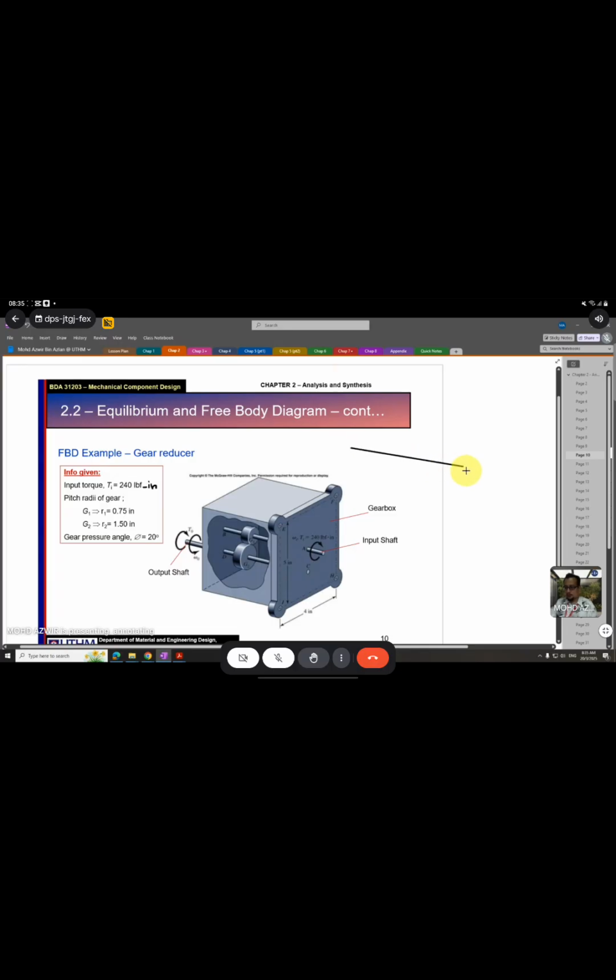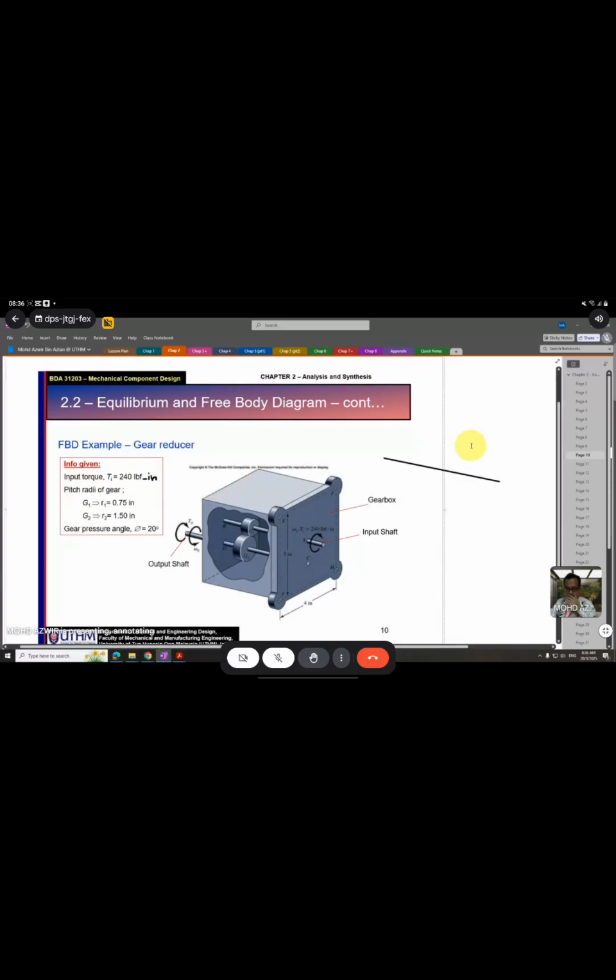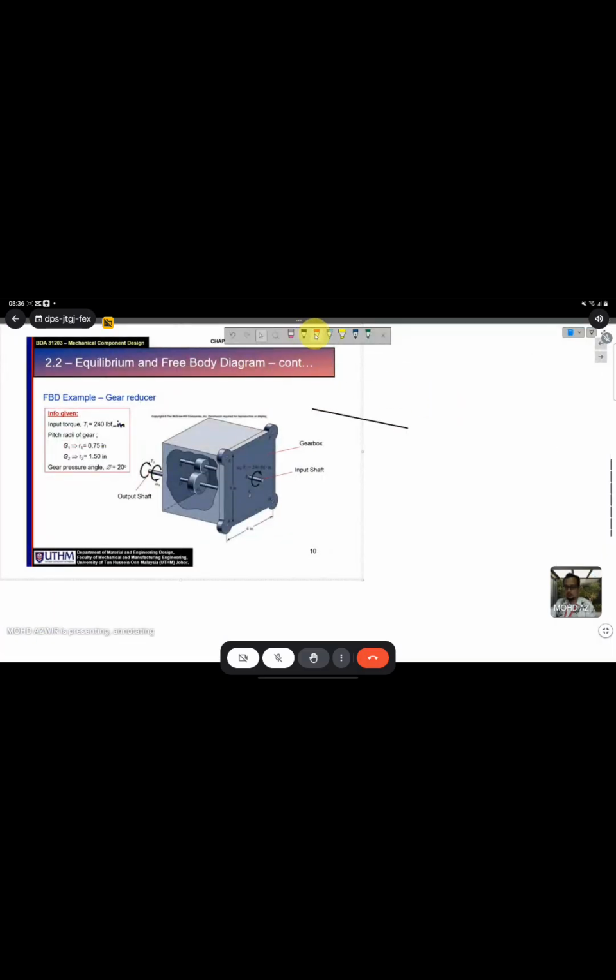So let's say this is the shaft. And then where is the pen? Okay, so we have a torque here.